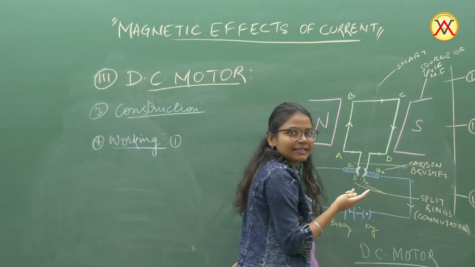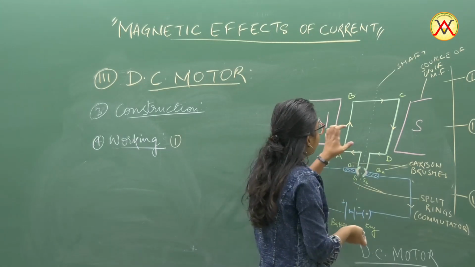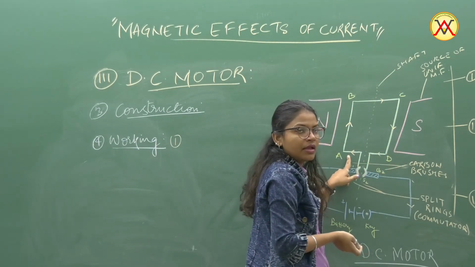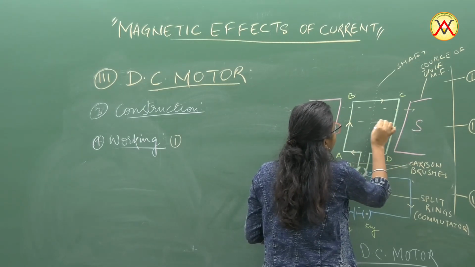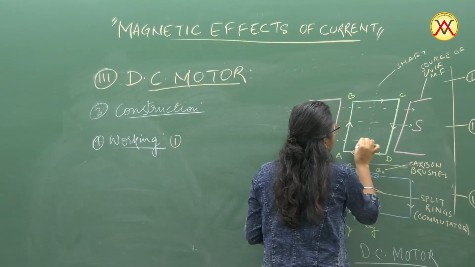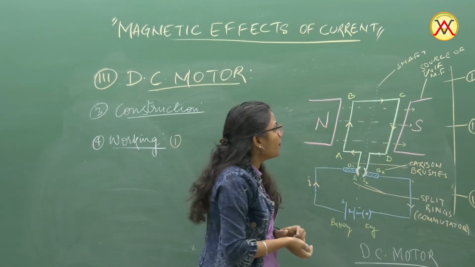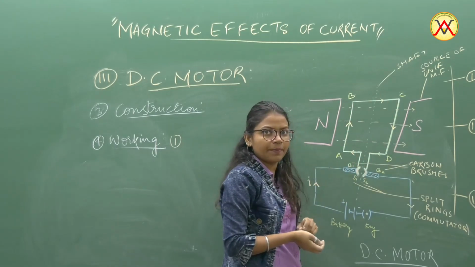Now, for the next point, the parts BC and DA are parallel to this constant magnetic field. This is parallel, this is anti-parallel. So, there will be no magnetic force experienced by this BC and DA part.